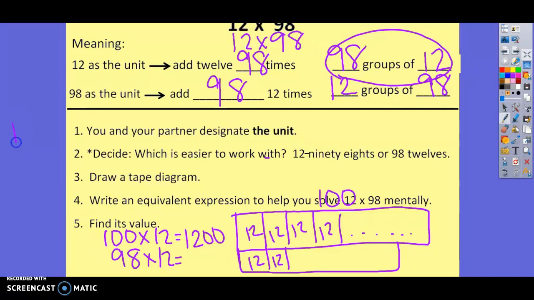So I would take 1,200. Now I subtract 24 from it. 10 minus 4 is 6. 9 minus 2 is 8. 1,186. This is our equivalent expression that helps us solve that problem.